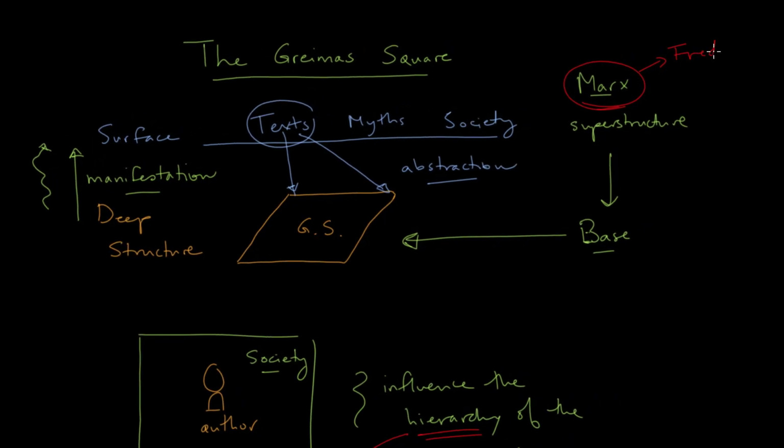Frederic Jameson is the Marxist who most famously used the square in a number of books, such as The Political Unconscious and The Prison-House of Language.